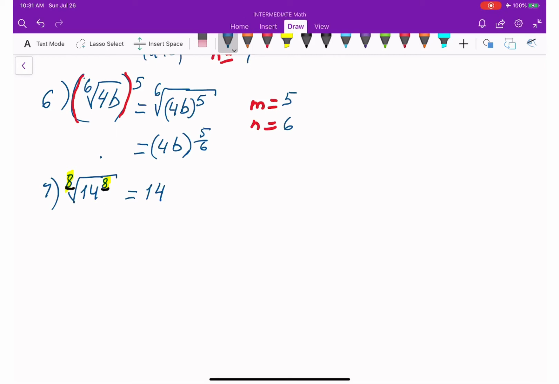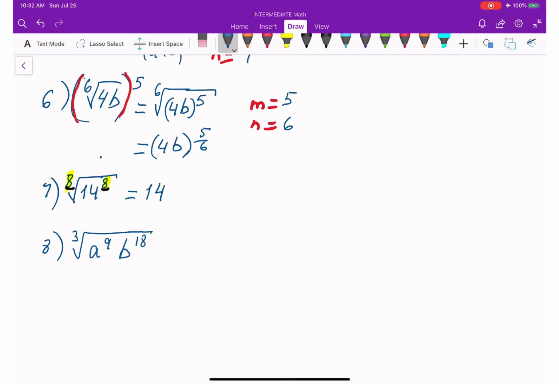Let's see what we are going to get here. We have radical degree 3, or we call it cubic radical, and then a to power 9 and b to power 18.